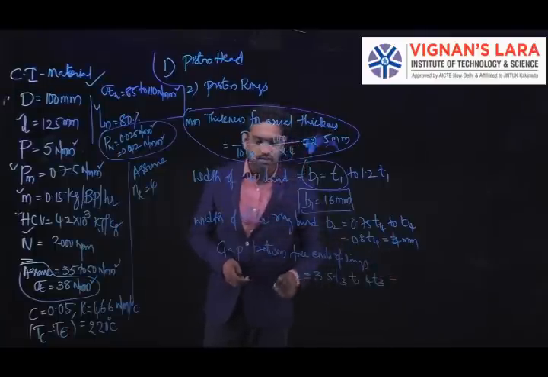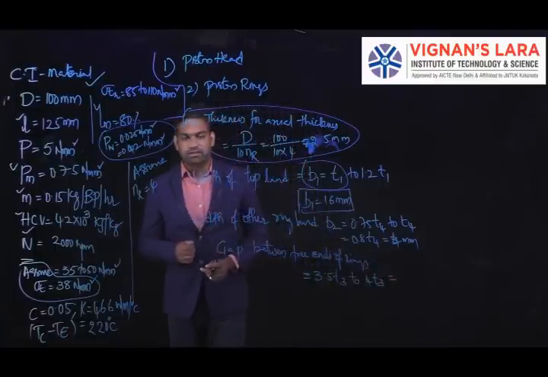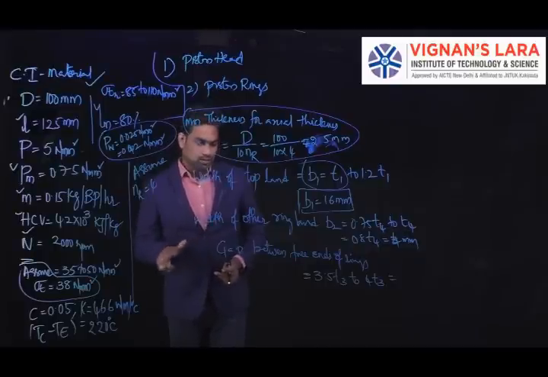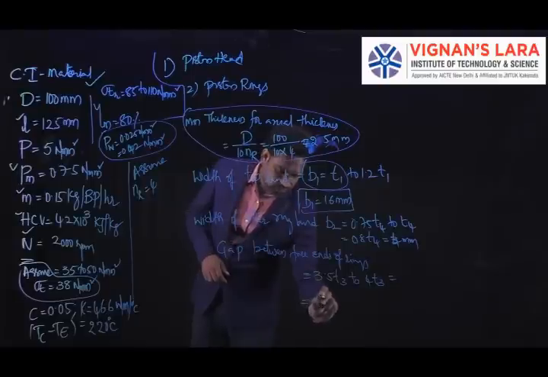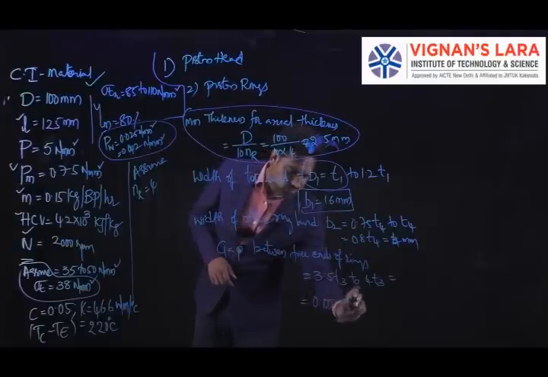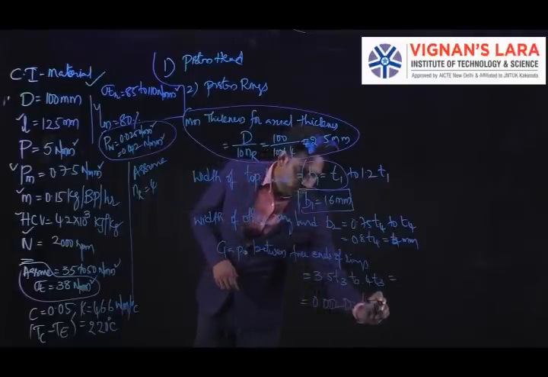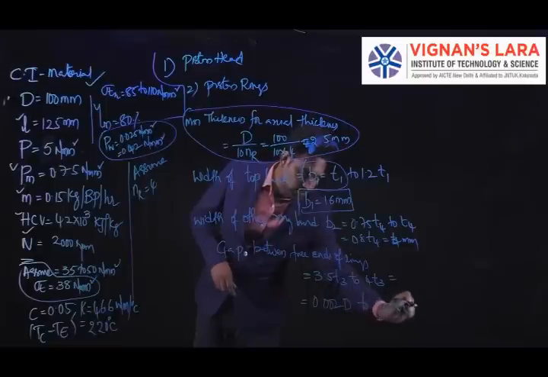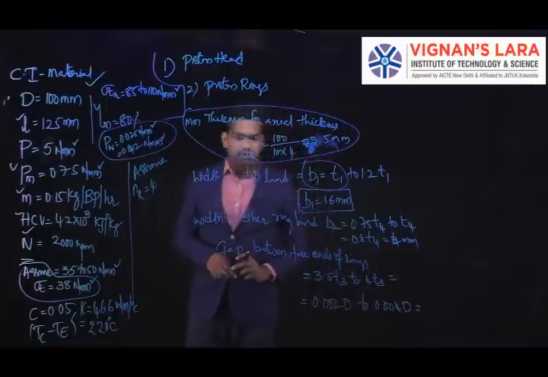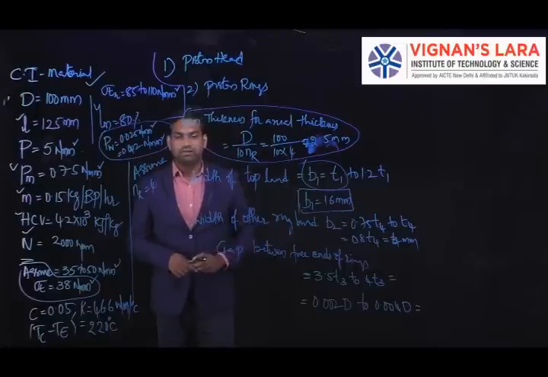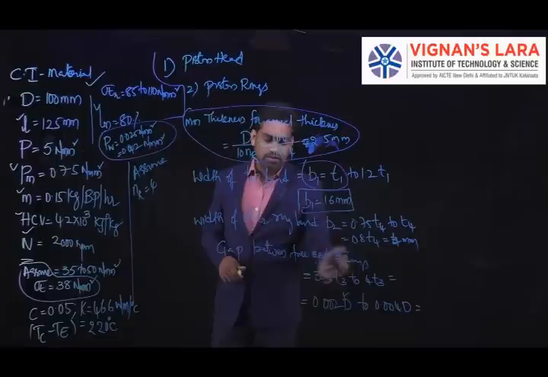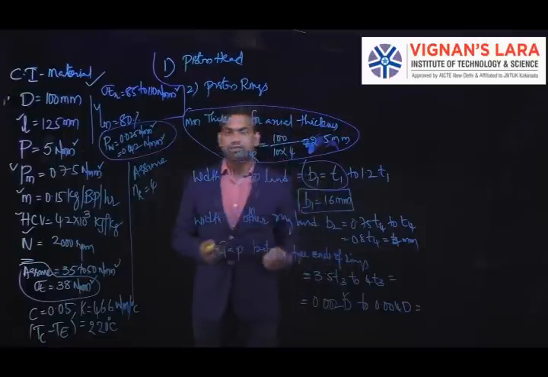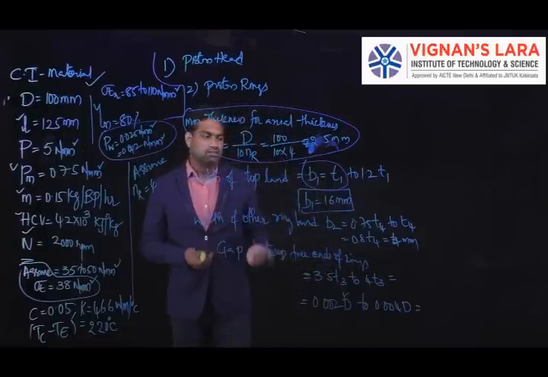Using that, you can calculate the gap between the free ends of the rings in the unassembled state. When it is in the cylinder, the gap is given as 0.02 to 0.004 times the diameter of the cylinder. By substituting the values of the radial thickness of the ring and the cylinder bore, you calculate the gap between the free ends of the rings in the free position and when the rings are in the cylinder.